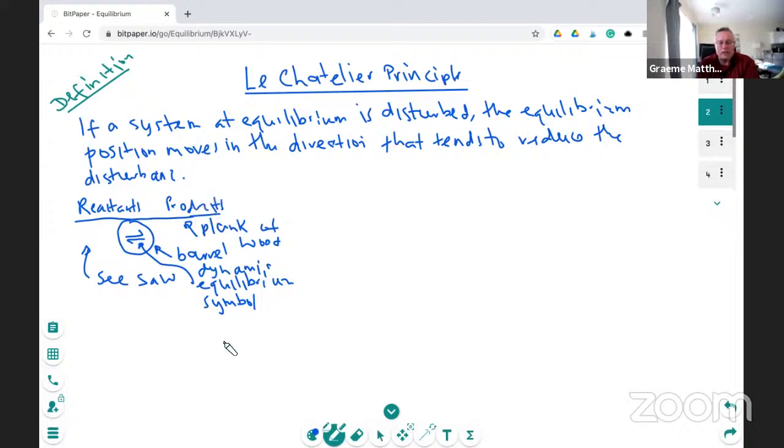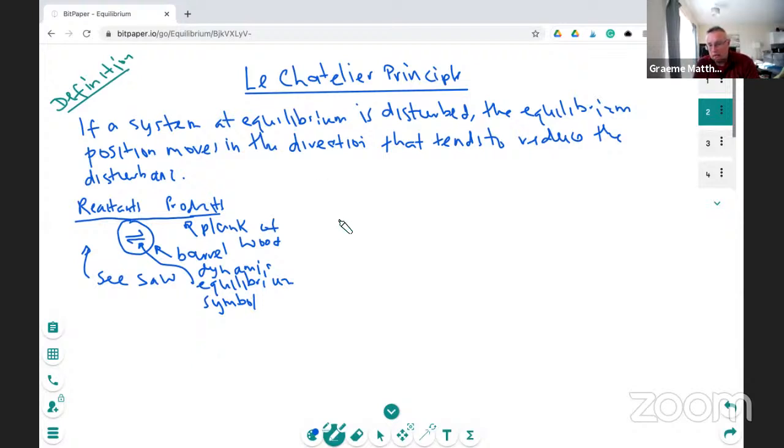Now, equilibrium, we said, was when there's a balance between the left and the right-hand side. You know, Lion King, Circle of Life, deer up in Scotland, whatever, and copper sulfate pentahydrate goes to copper sulfate and water. There is a balance between the left and right-hand side.